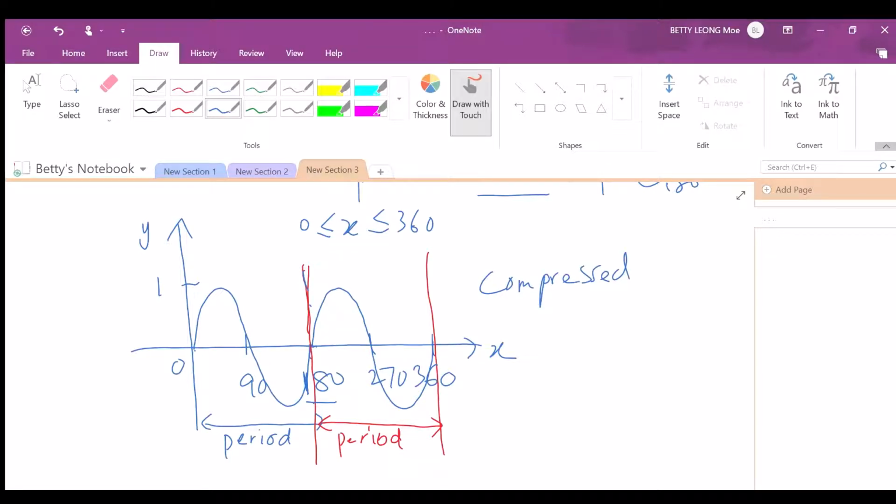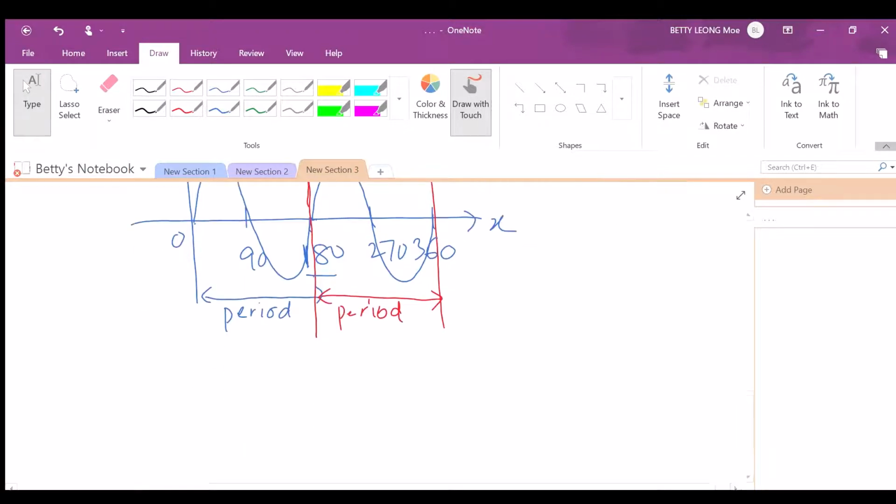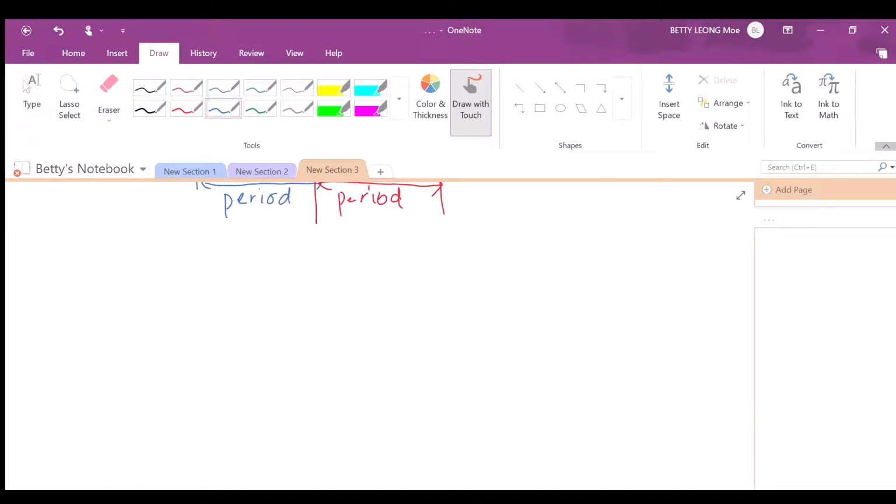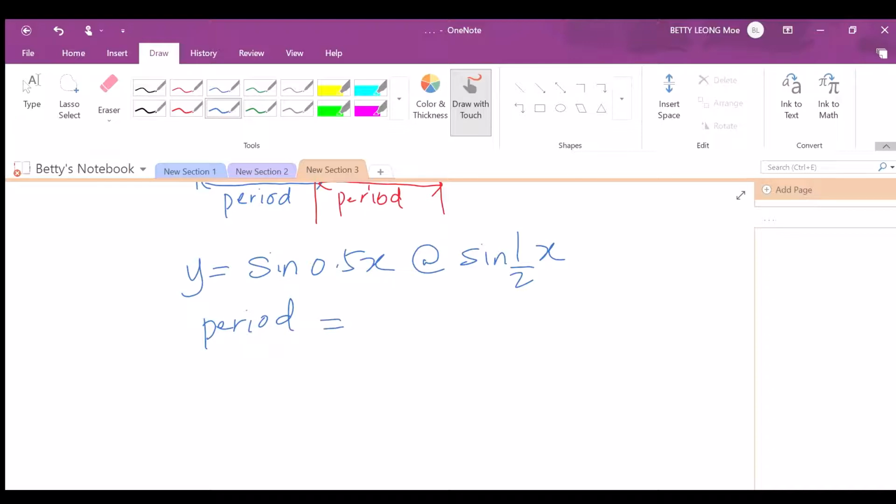Now we go to y equals sine 0.5x, or sine 1/2 x. For this one, you must find the period first. You want to know the period for one complete cycle. So 360 you divide by 0.5, you'll get 720.